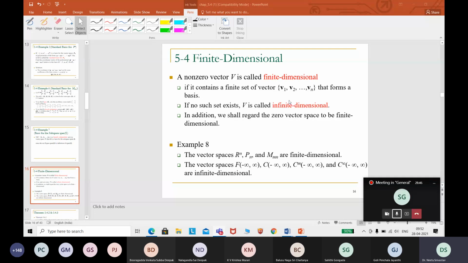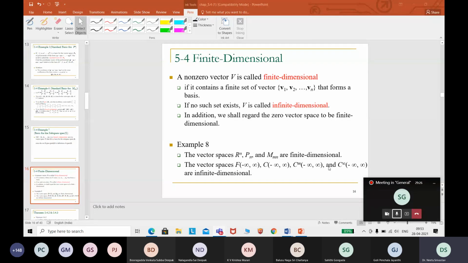Now Rn, Pn, Mn are finite dimensional. Whereas functions from minus infinity to plus infinity, complex spaces, C raised to infinity, these are all infinite dimensional, where a basis can have infinitely many elements in it.